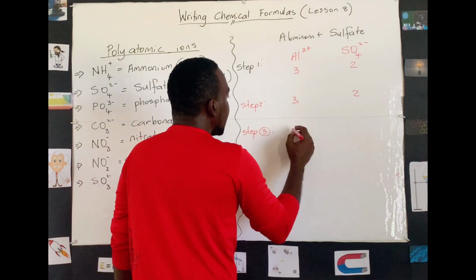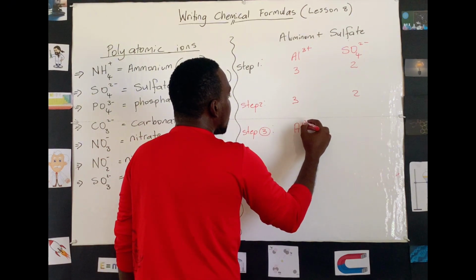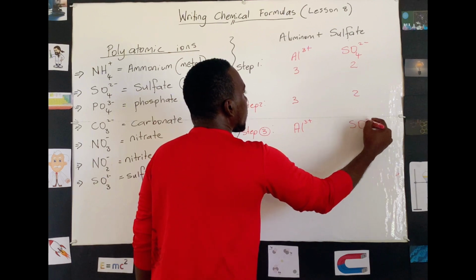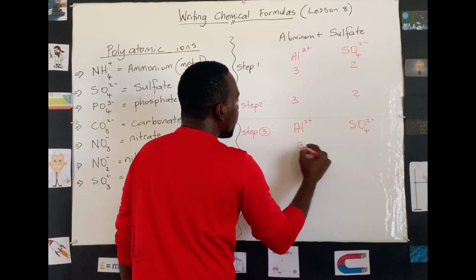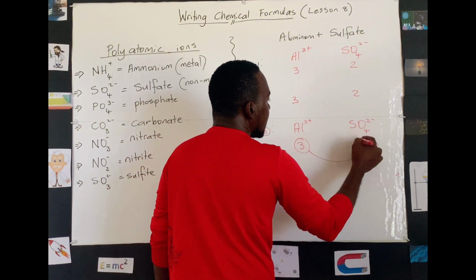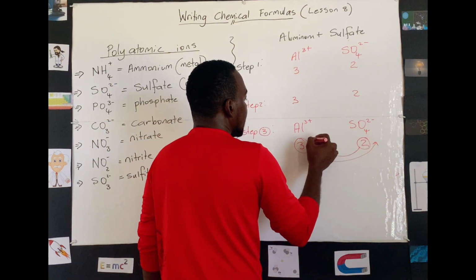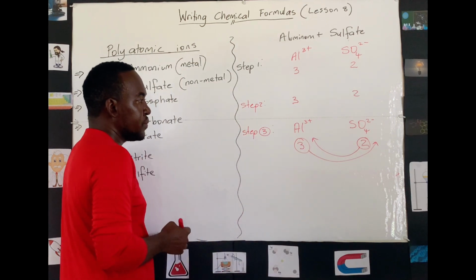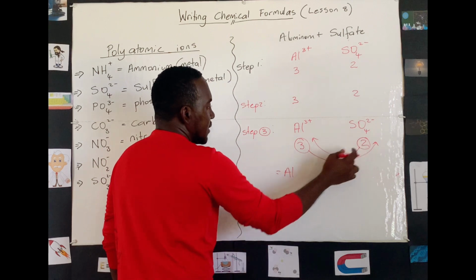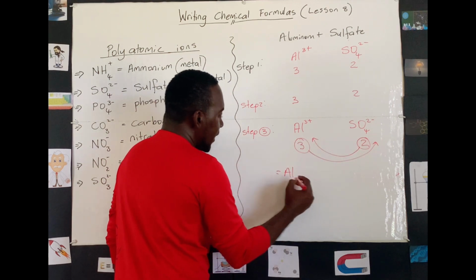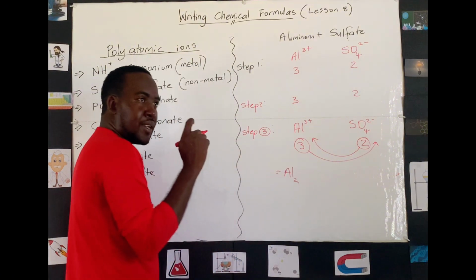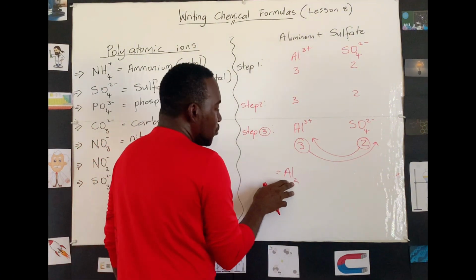Step 3 now is that we're going to switch over. So the 3 from aluminum will switch to the sulfate, and the 2 from the sulfate will switch to the aluminum. So therefore the final answer here is that aluminum is going to be 2, so Al2. Notice the difference, Al is one thing, so we just put a 2 there.